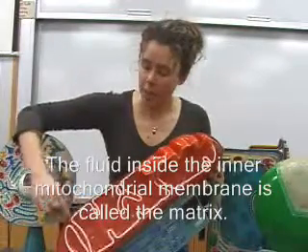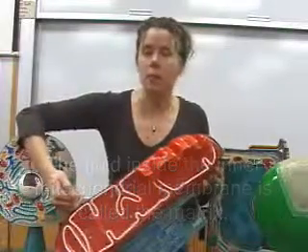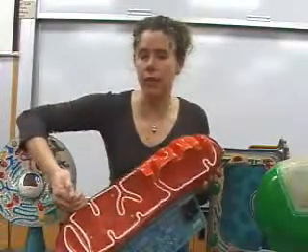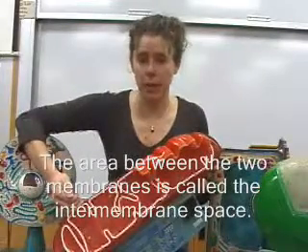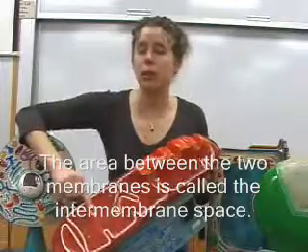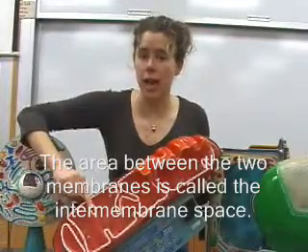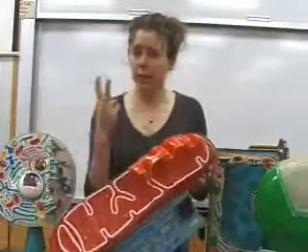And then you have a separate space here, a separate solution between the outer mitochondrial membrane and the inner mitochondrial membrane. We call this the intermembrane space. So we'll be looking at some chemistry that utilizes both that surface area and those 2 separate compartments. So we're ready for step 2.